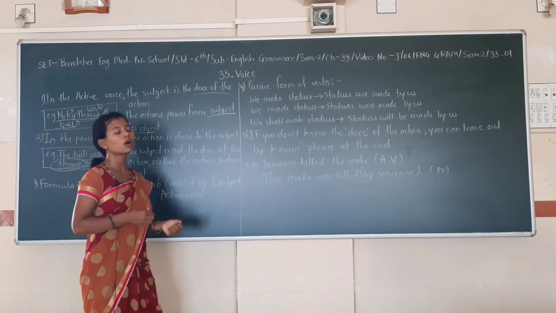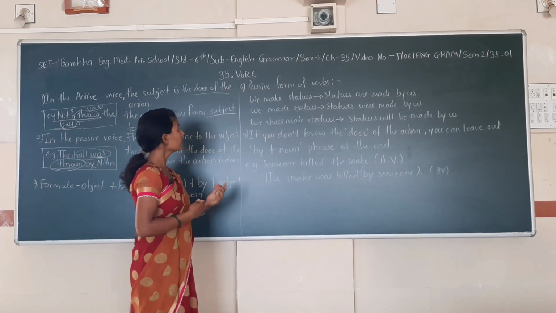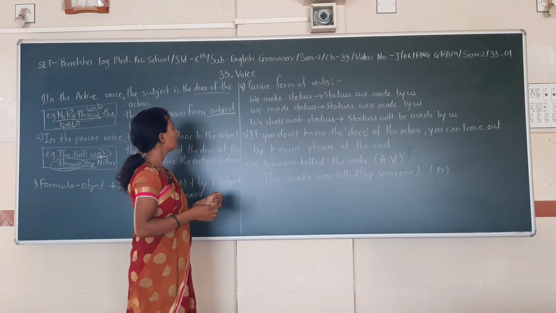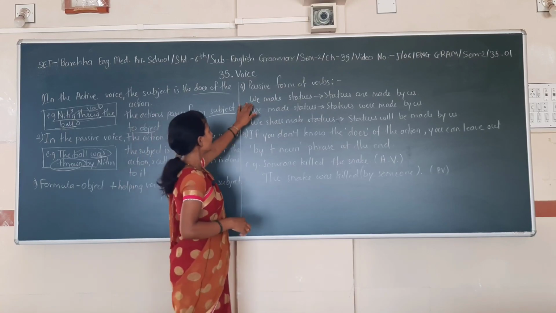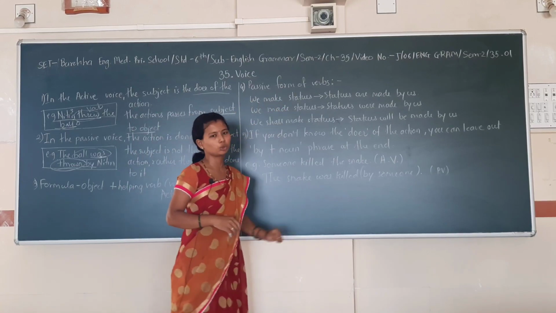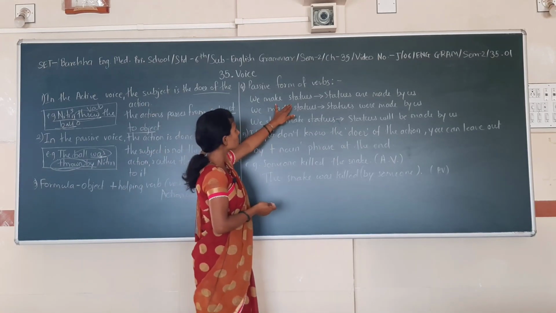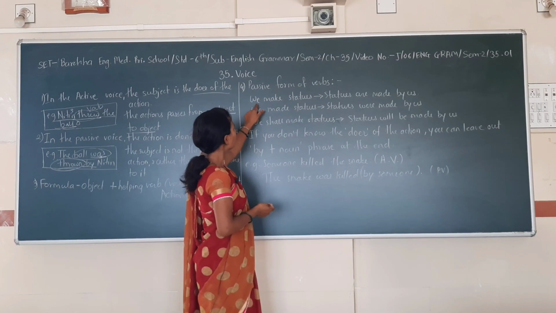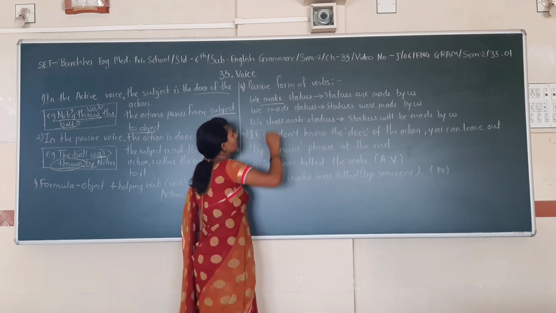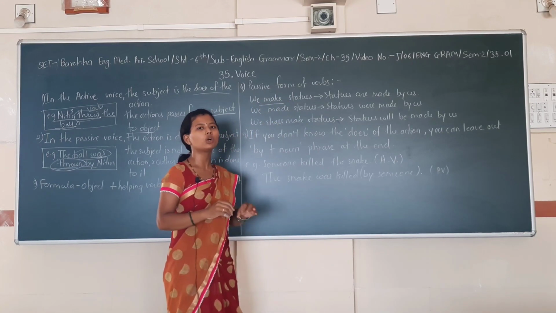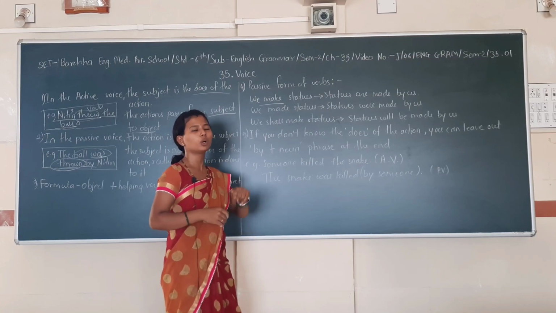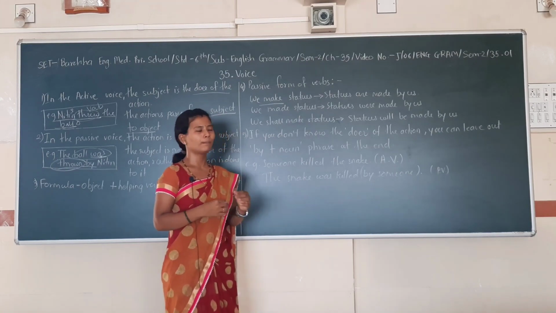Let's see the passive form of some verbs. If your sentence is "We make statues," then in passive voice it will be "Statues are made by us." You have to use the past participle of the verb when converting the sentence into passive voice.